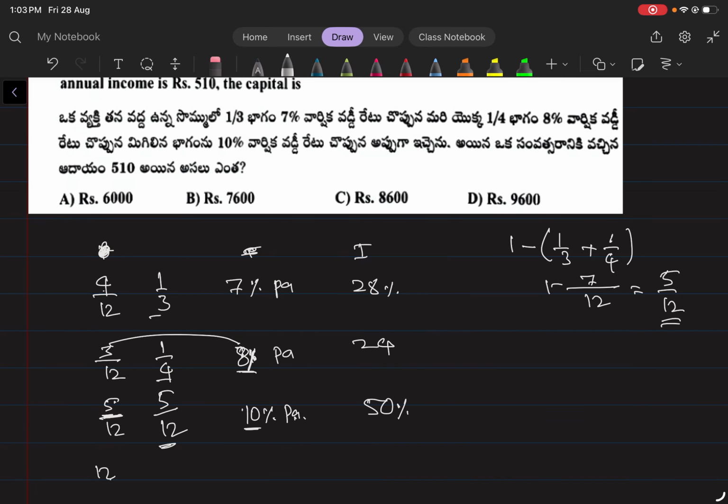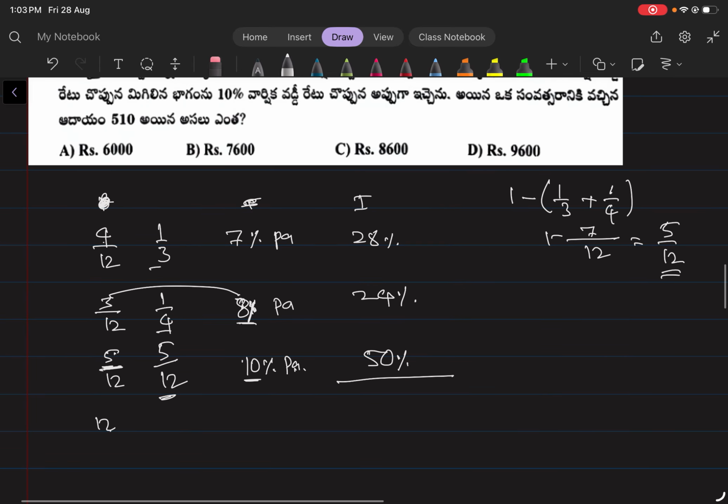So total is how much? Total interest we get is 50 plus 40, 90, 90 plus 12, 102. It is 102. 102% is 12 parts. So 12 parts is 102.